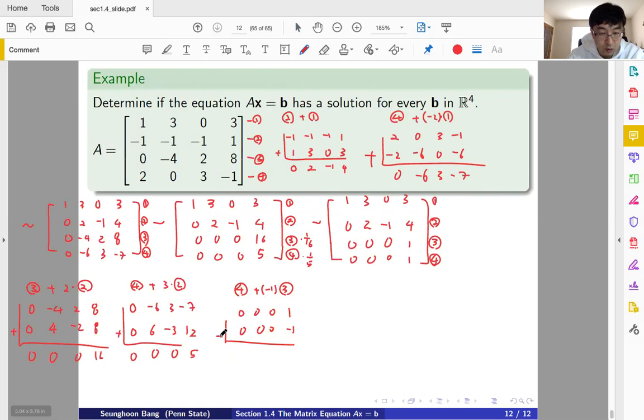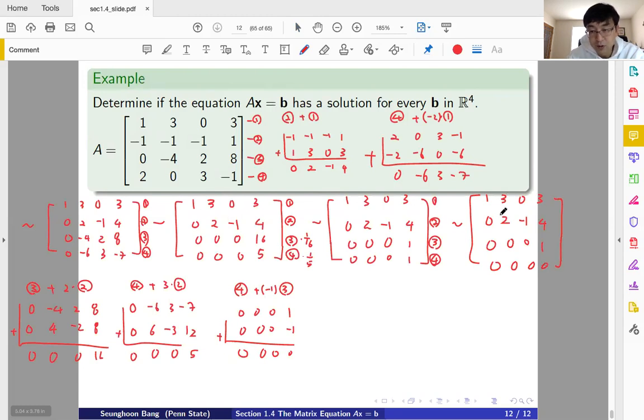Add these two equations: 0, 0, 0, 0. So we have 1, 3, 0, 3; 0, 2, -1, 4; 0, 0, 0, 1; and the last one is 0, 0, 0, 0.